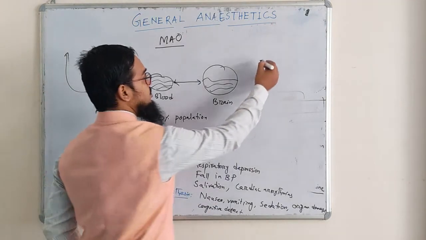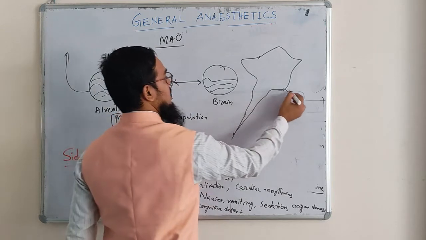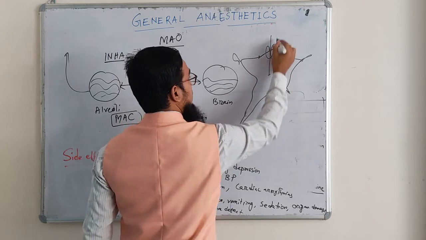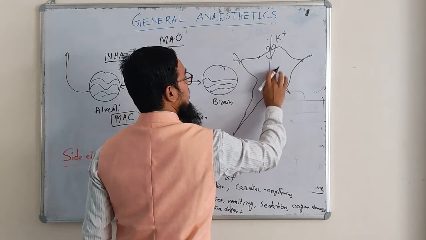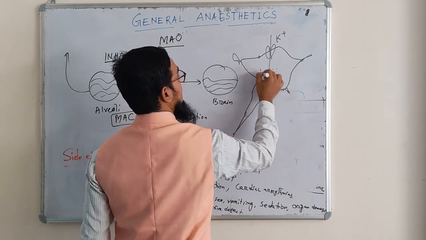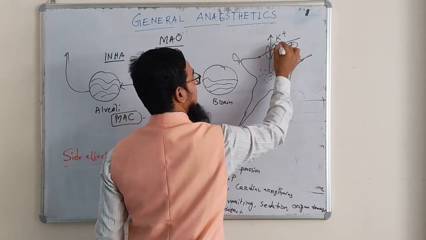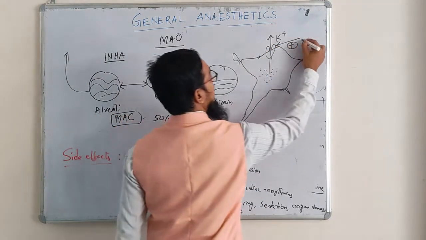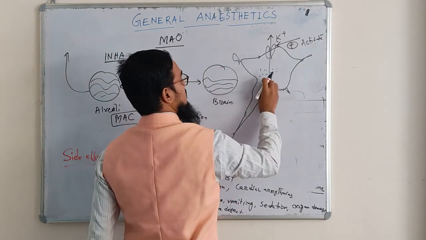Now how do they produce the action in the brain? Suppose this is a neuron in the brain. In the neuron there are some potassium channels. Normally potassium ions remain more inside the neuron, and general anesthesia activates the potassium channel, and then more potassium ions will leave the cell.